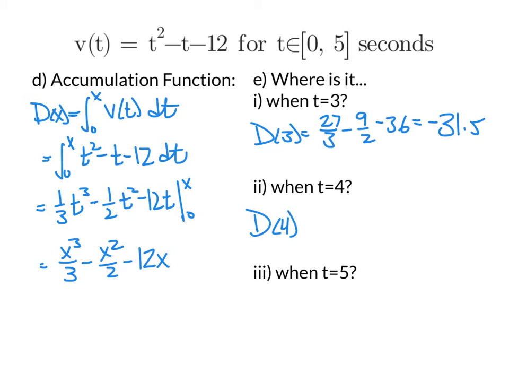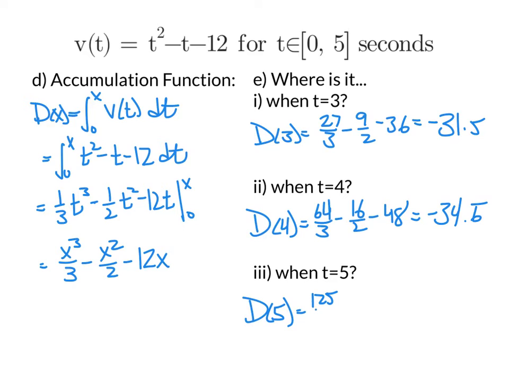At 4 seconds, when it stopped, we'll have 4³/3 - 4²/2 - 4 times 12, which is 48. And that'll leave us with negative 34 and 2/3. And after 5 seconds, d(5) is going to be 5³/3 - 5²/2 - 12 times 5. And that'll be negative 30 and 5/6.